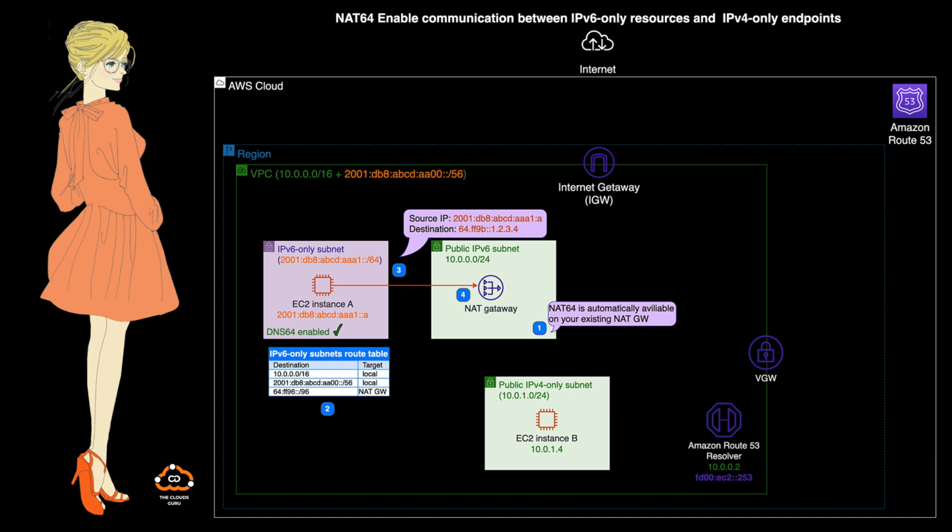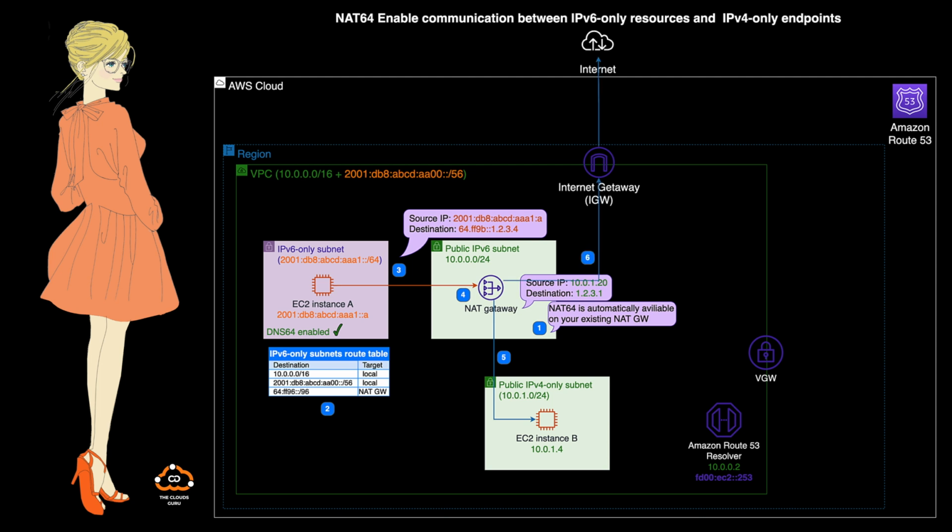From the known 64:FF9B::/96 prefix, the NAT gateway recognizes that the original destination is IPv4 and translates the IPv6 packets to IPv4 by replacing these structures. First, the source IPv6 with its own private IPv4 address, and the destination IPv6 to IPv4 by truncating the known 64:FF9B::/96 prefix.